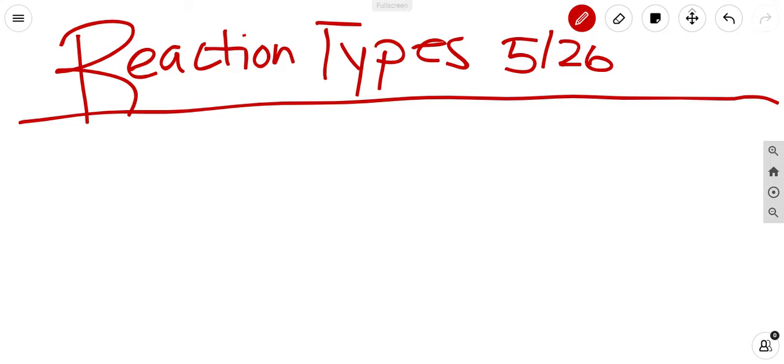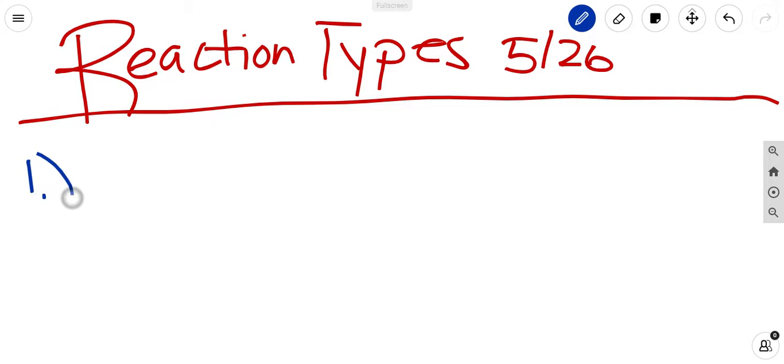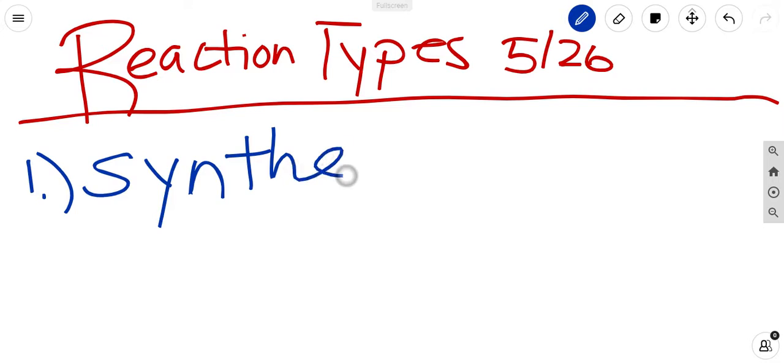All right. So the first type of reaction is what we call synthesis. When you're synthesizing something, when you're synthesizing a piece of information or even photosynthesis, you're putting things together and you're getting one thing.